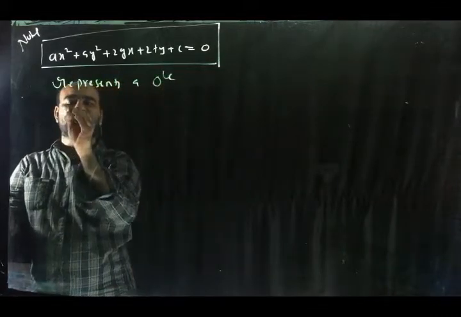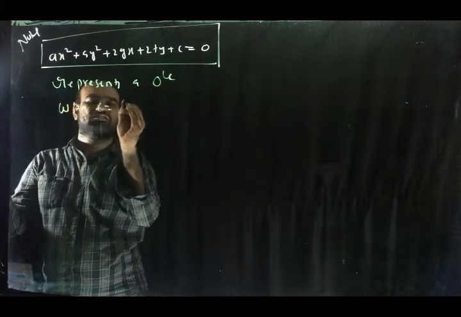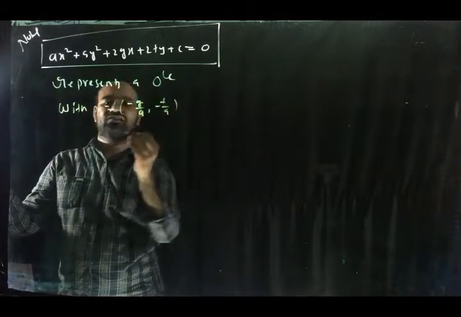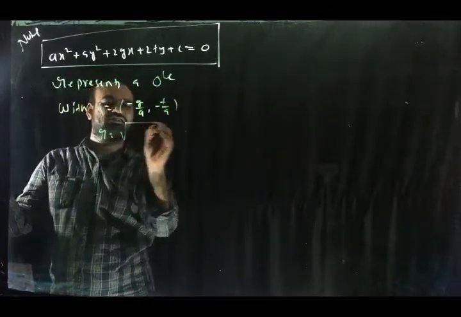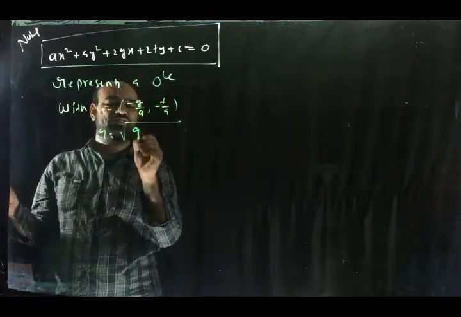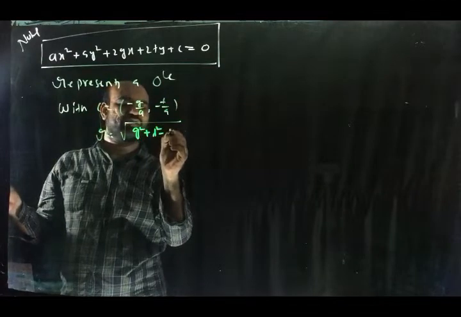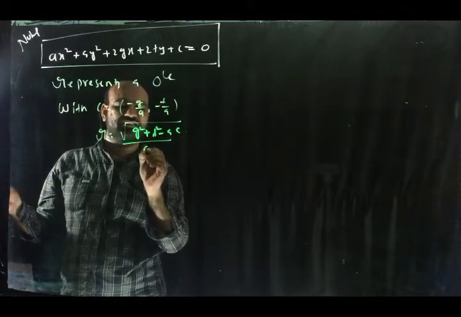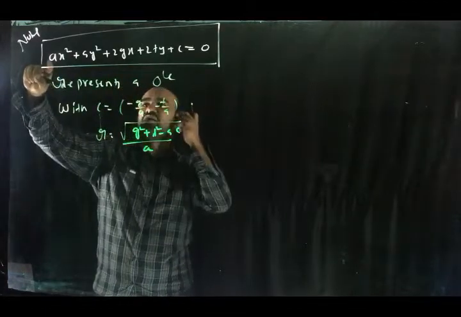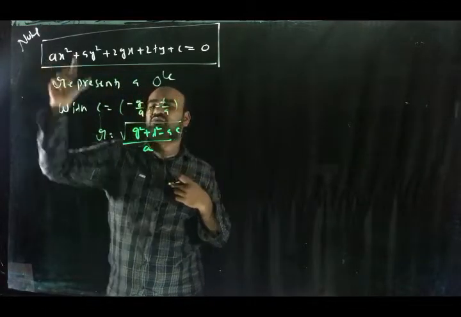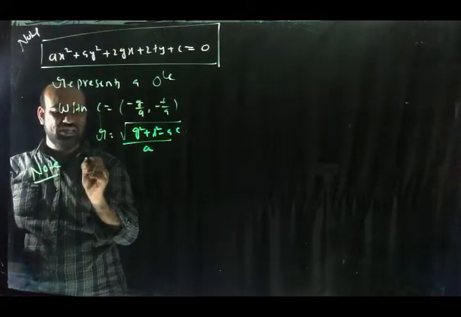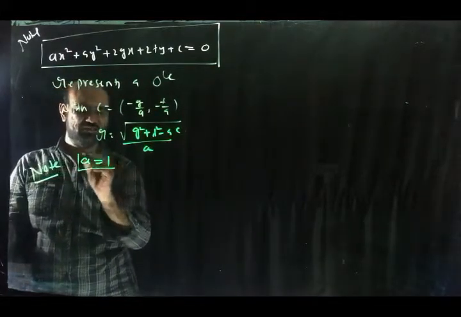Circle with center minus g by a comma minus f by a and radius root over g square plus f square minus ac by a. So this is taken as the general form of a circular equation. For mathematical convenience, a is taken as 1.